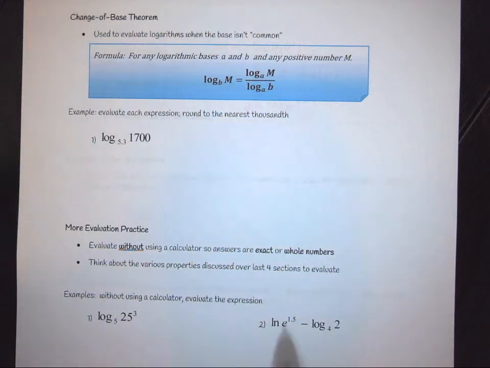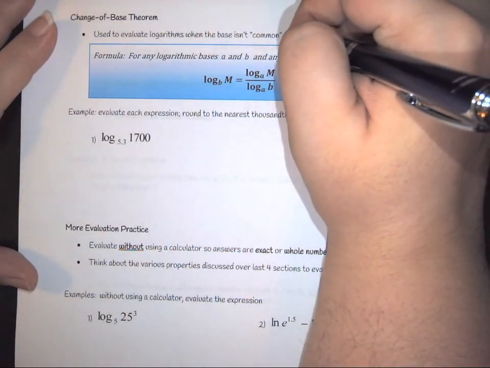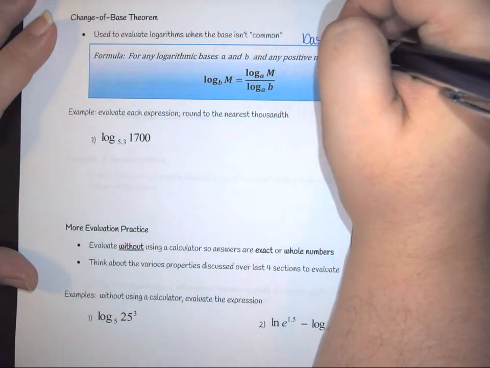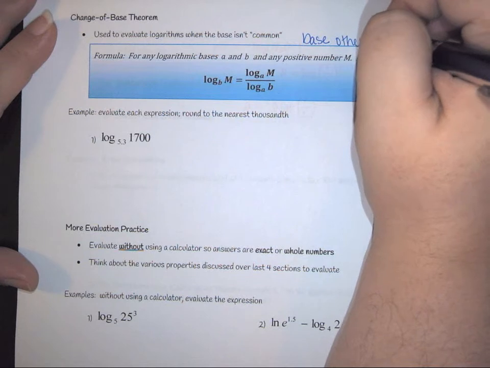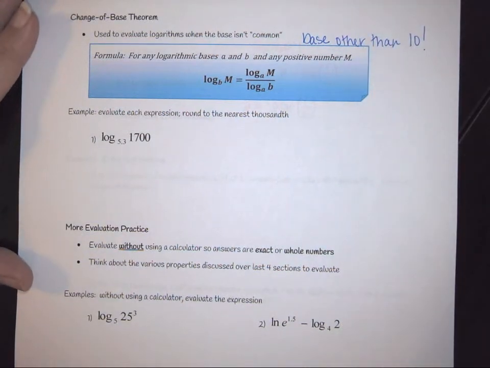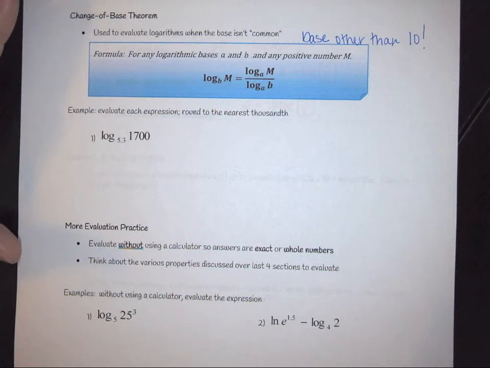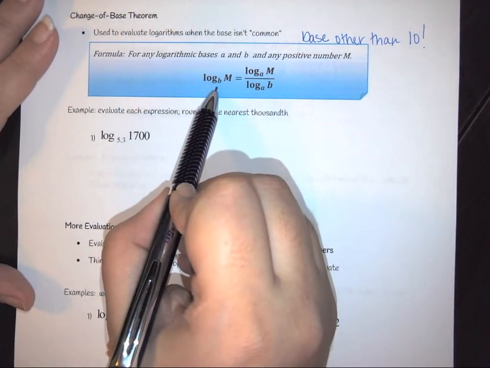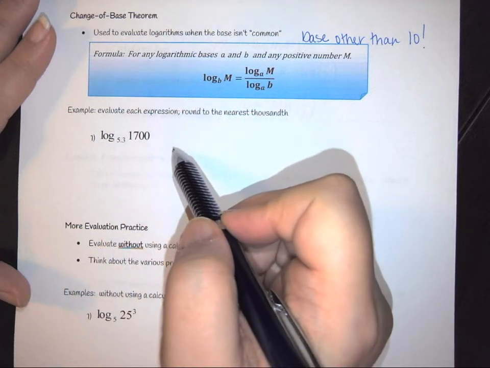Common means you have a base other than 10. And it allows us to evaluate, and here you're actually going to, for the most part, be able to use your calculator. So change of base says you're going to change this into common.